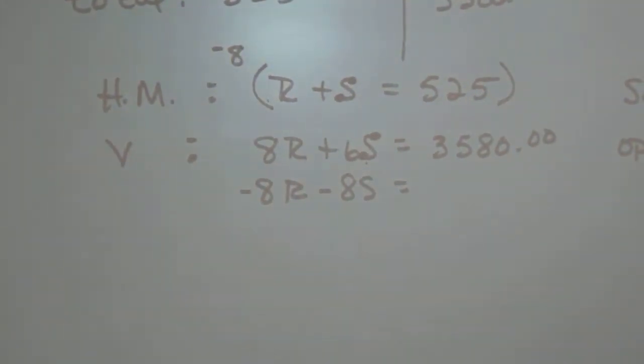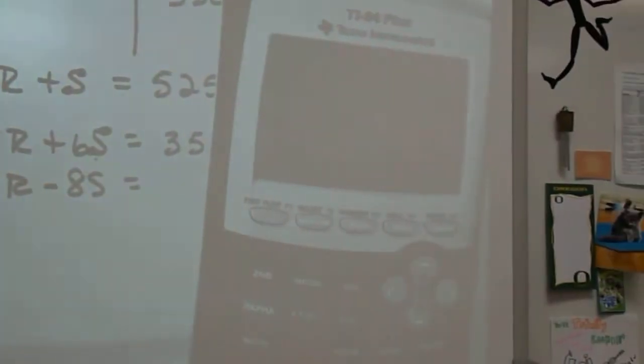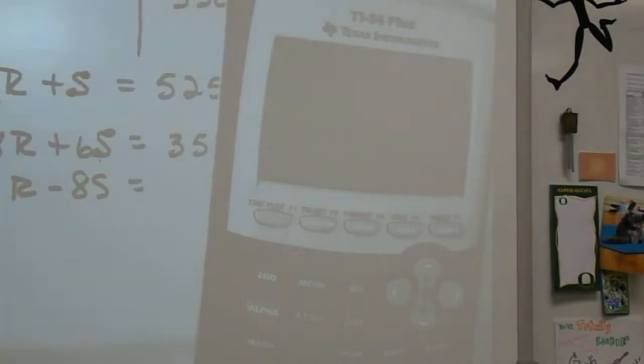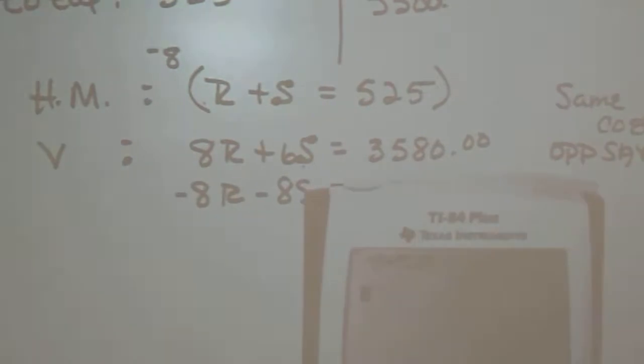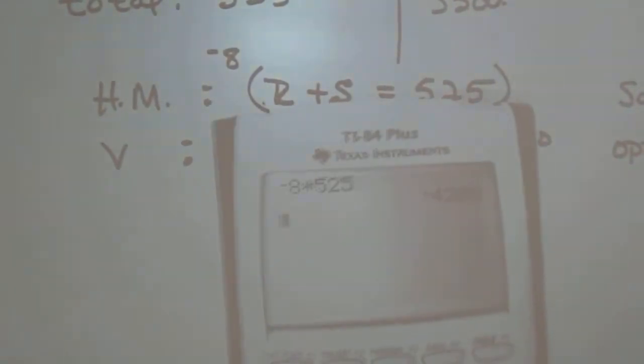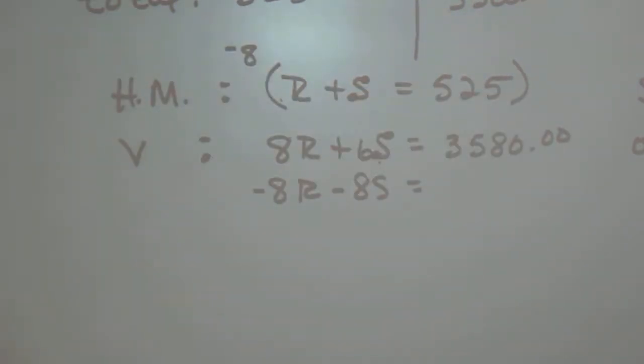While you fix your problem, I'm going to grab a calculator. And we're going to type in -8 times 525, and we get a negative 4,200.